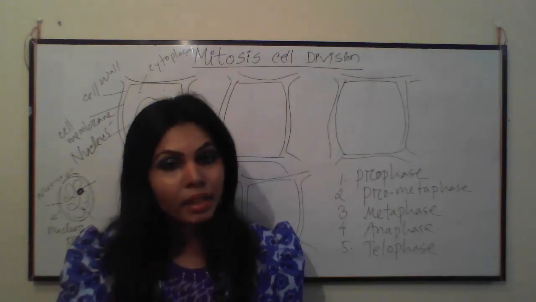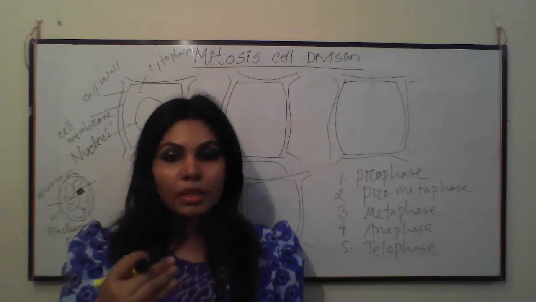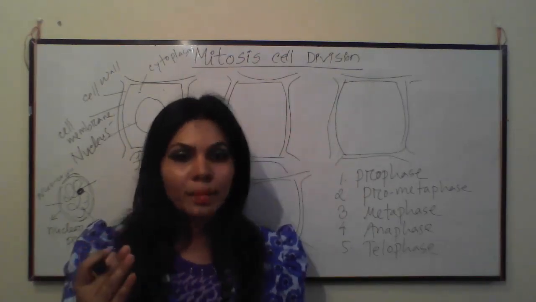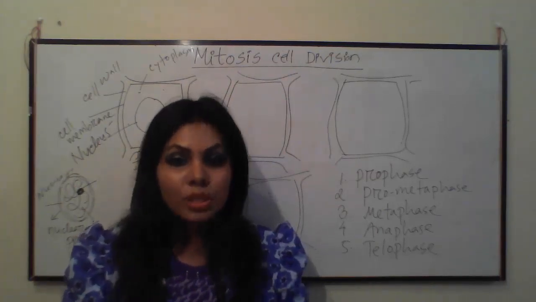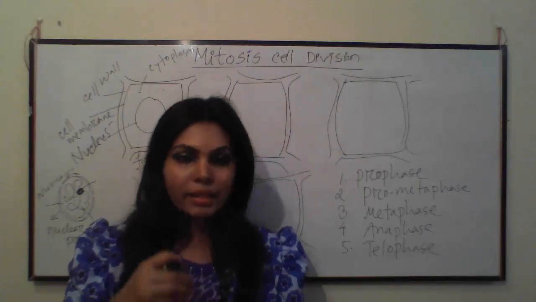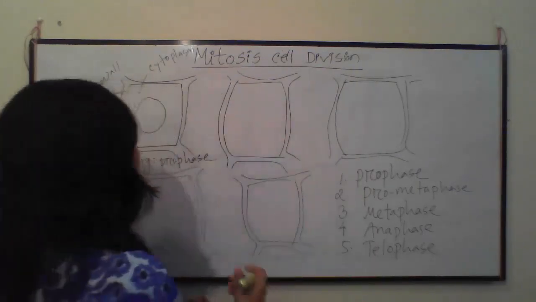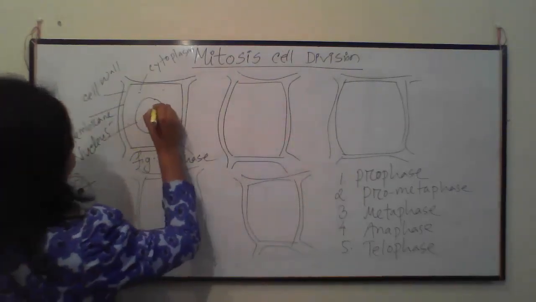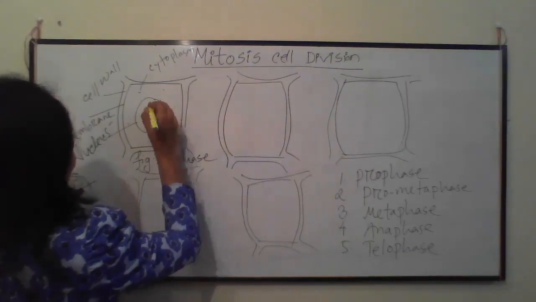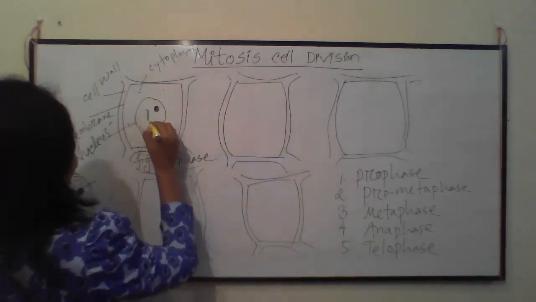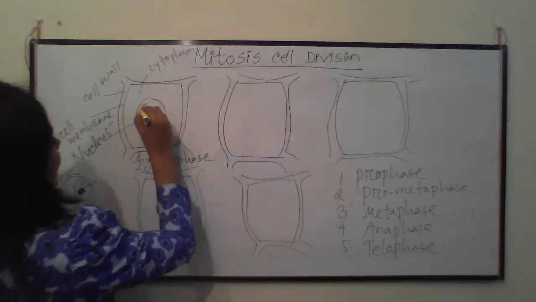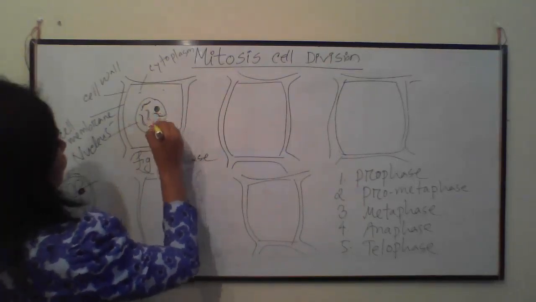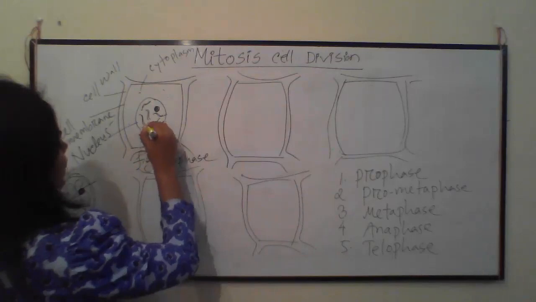And then the chromosome divides longitudinally into two sister chromatids, and the two sister chromatids join at their centromere. Like this is nucleus and this is nucleolus, and these are the chromosomes, I mean chromatin fiber.